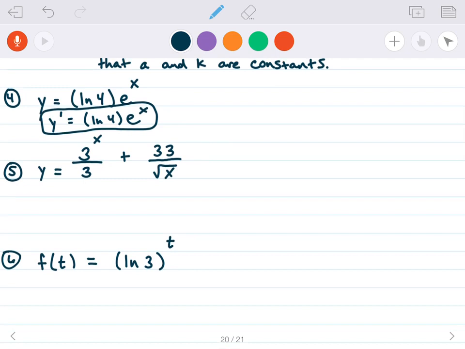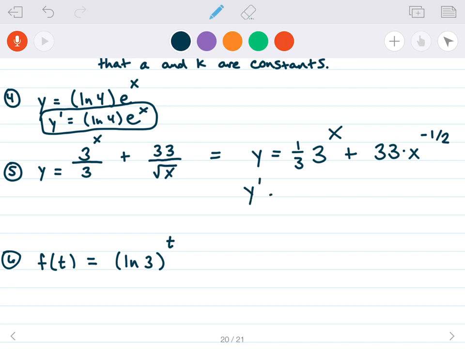Okay, let's look at this one. So the first thing I'm going to do is rewrite this before we take the derivative. Y is equal to 1/3, right, I want to have that number in the front, 3 to the x. Instead of 3 to the x over 3, I can write it like that. And then the second part is going to be 33 times x to the negative 1/2. If I change this to x to the 1/2 and then bring it up to the numerator, it's going to be x to the negative 1/2. Now I can take the derivative.